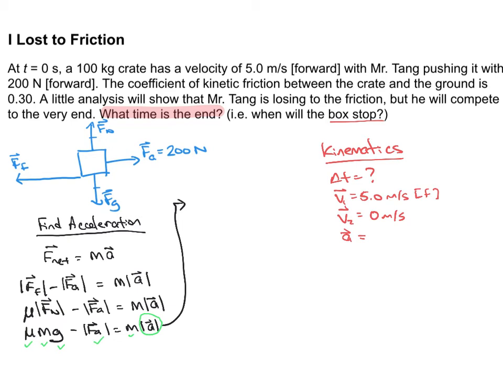First, I'm going to divide both sides by the mass, just to get it totally isolated. Divide both sides by the mass. Now we'll fill in the values.